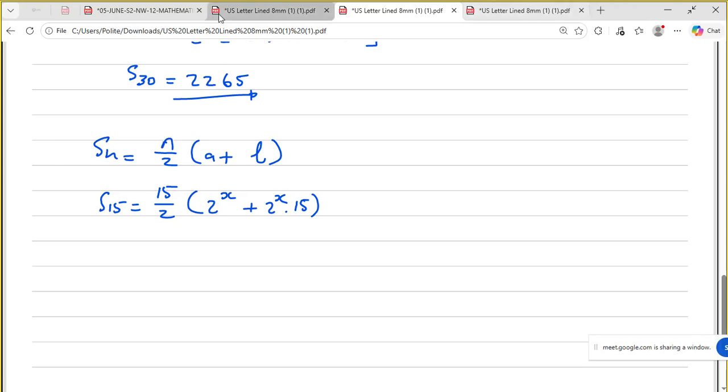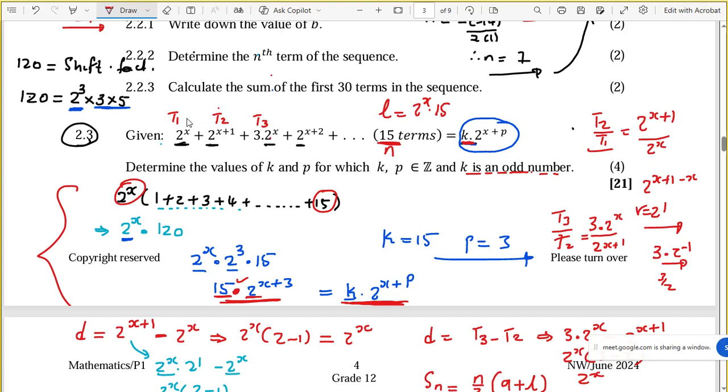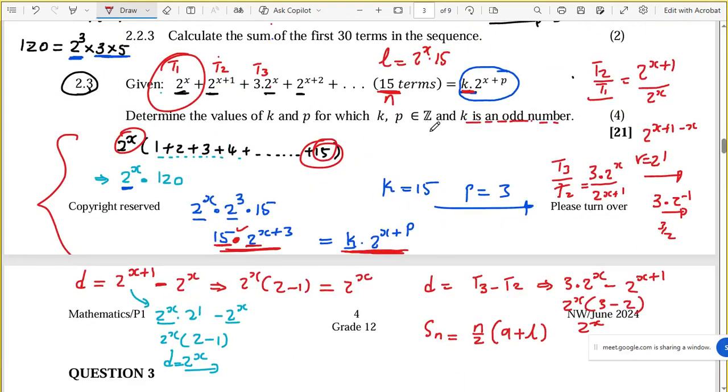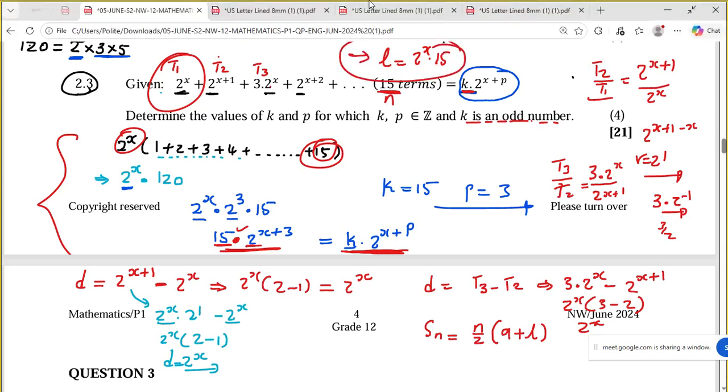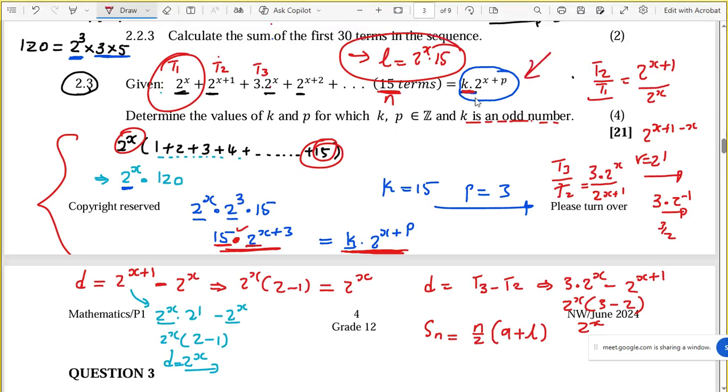I think you still remember where that is coming from. 2^x was the first term of the sequence. Then we have 15 terms, and we said the last term will be 2^x times 15. Then we just have to solve and put this in the form k times 2^x plus p.